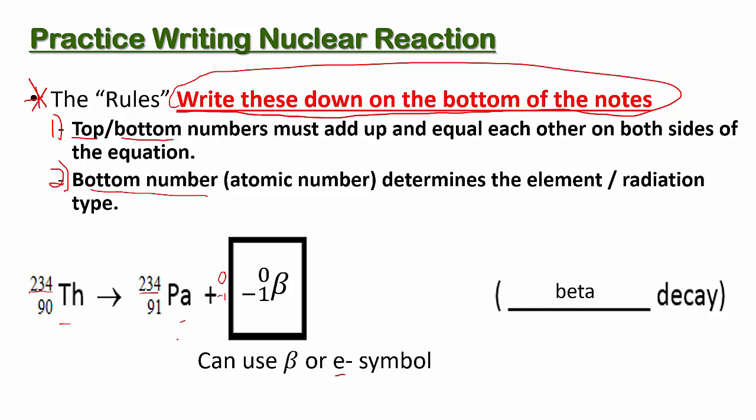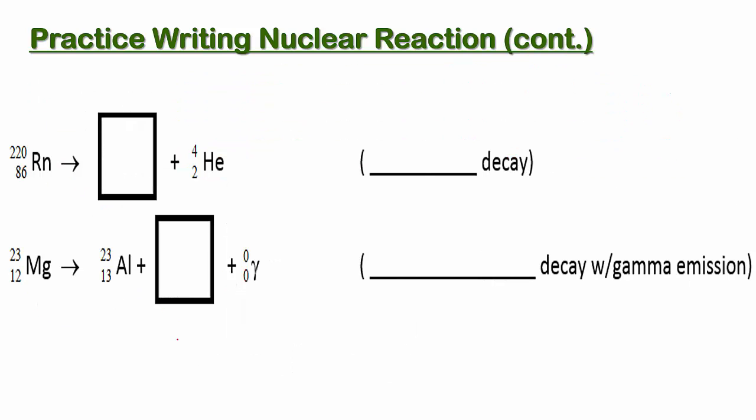So looking at another example, we start out 220 over 86, but we've got something plus, so what plus 4 equals 220? We'd need something around 216. And then at the bottom, 86, what plus 2 to get to 86? We need 84.